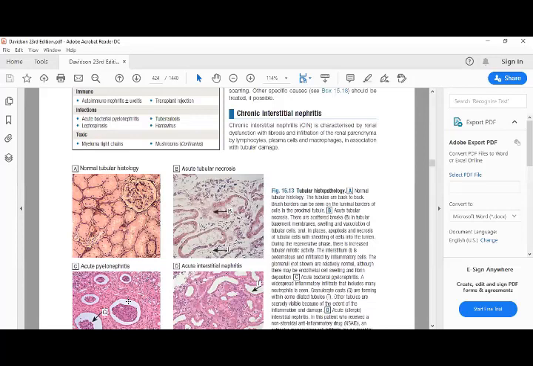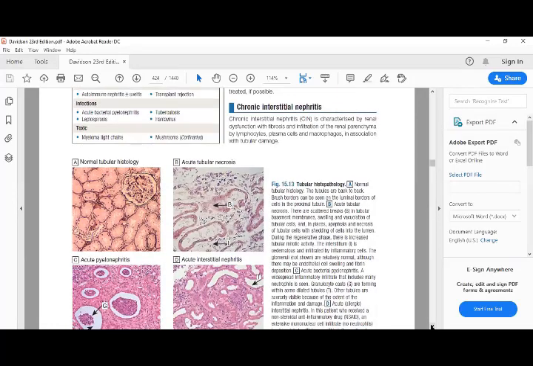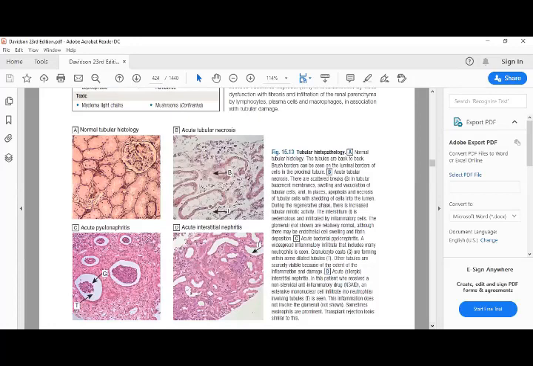Acute pyelonephritis shows the nephrons with granulocytes and infiltration of the interstitium with polymorphs and leukocytes. This is acute interstitial nephritis with tubular inflammation and tubular infiltration and edema of the tubular damage.